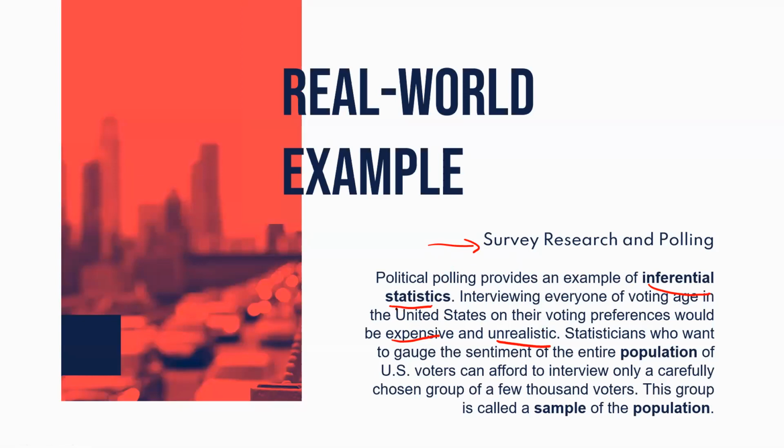When you see a political poll that says something like 40% of people support the president, they didn't call me, they probably didn't call you, but they're saying something about the entire population. So statisticians who want to gauge the sentiment of an entire population of US voters can afford to interview only a carefully chosen group of a few thousand voters. And this is called a sample of a population. So what we do is we use a sample and statistics to estimate for a population and parameters.